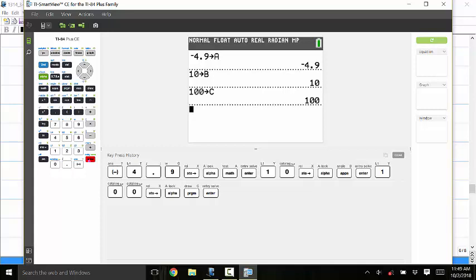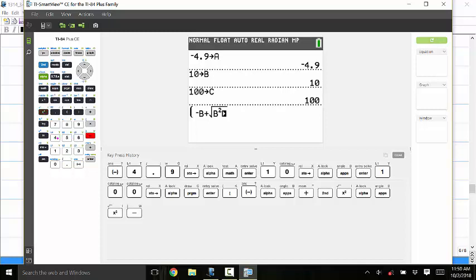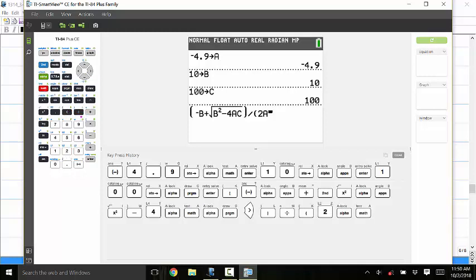Now you just need to type in the quadratic formula. What is it? Negative B plus the square root of b squared minus 4ac, close your parentheses, that's the numerator, all over 2a.